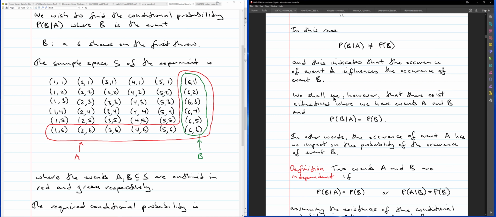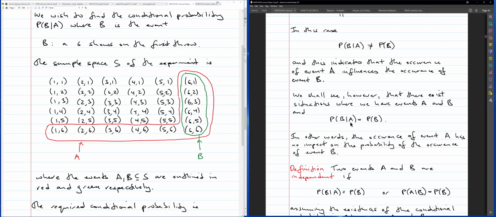However, there are situations with events A and B, not this example here, where the probability of B given that A has occurred is actually equal to the probability of B. In this situation, even if A occurred, it doesn't affect the occurrence of B. It doesn't change the probability.